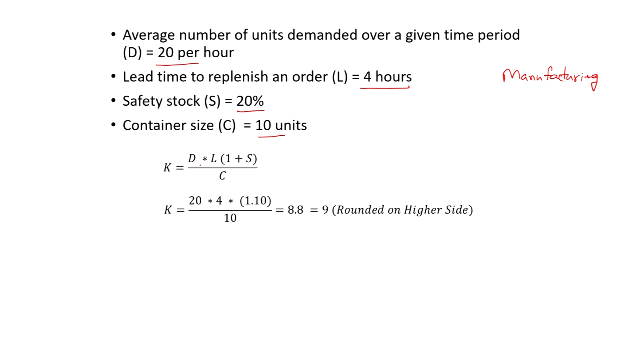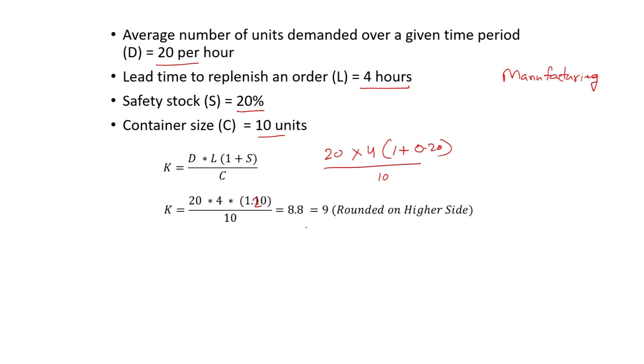So, what we are getting is D is 20, lead time is 4 hours, and we are keeping 20% of safety stock, and my container size is 10 units. Sorry, there is a mistake here, we are saying safety stock is 20%, so we have to correct it here.